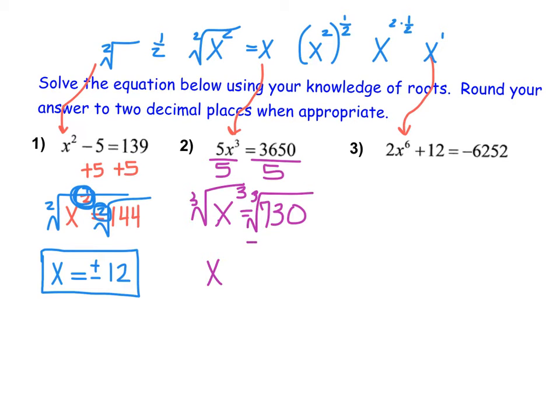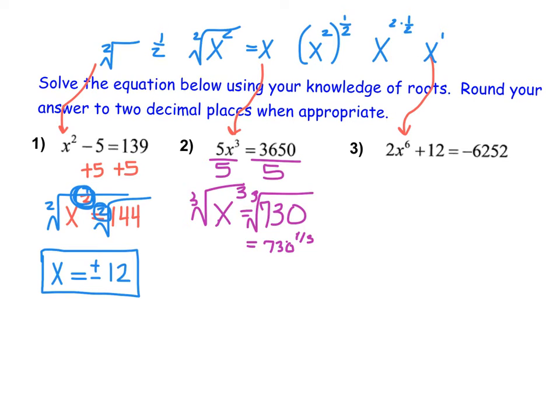So I'm going to turn this into a fractional exponent here. This is really 730 to the power of 1/3. So I'm going to plug that into my calculator, 730 to the power of 1/3 in parentheses, and I end up with a value that is close to a perfect number, but I can see that it definitely isn't perfect.